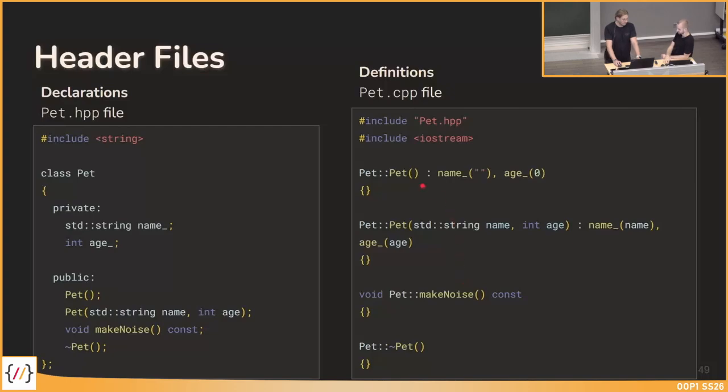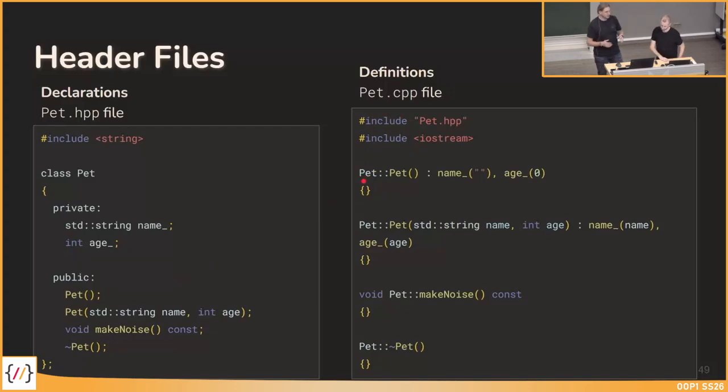we have to use this namespace operator and pet double colon to go inside of the class and to access the public elements. What actually happens here in this line, when we include the HPP file, is that all of this here is, let's say, copied here instead of the include. And this means we now have the whole class definition with all its declarations in the CPP file, but we're still here when we come to the definitions outside of this class.